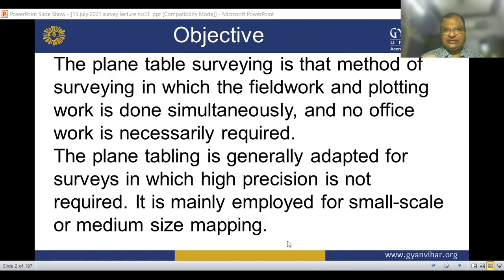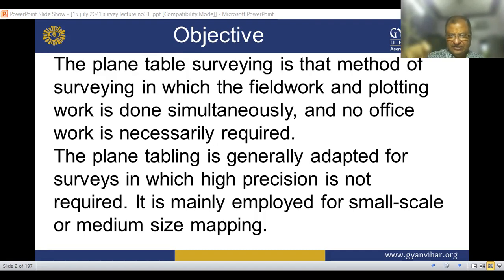The plane table surveying is that method of surveying in which the field work and plotting work is done simultaneously, and no office work is necessarily required.